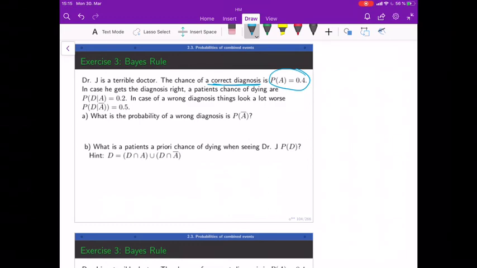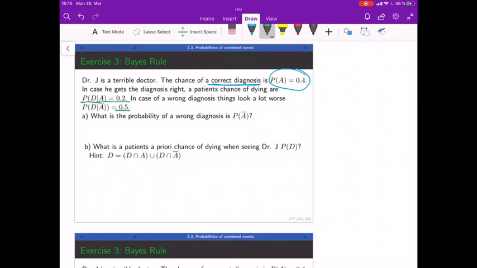If he gets the diagnosis right, then you've got quite good chances. Then your chance of dying, so D is for dying, is only 20%. But if he gets it wrong, then it looks bad for you. Then you're up at 50%. So quite tough times. First of all, what is the probability of a wrong diagnosis? That one should be easy.